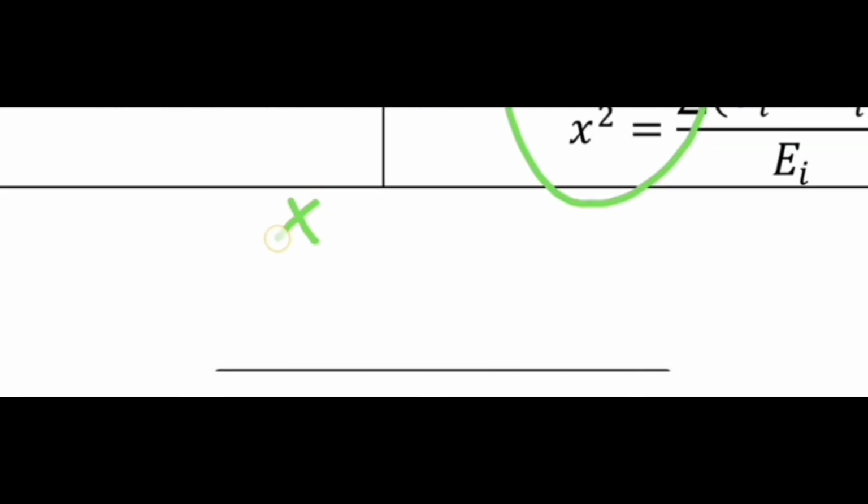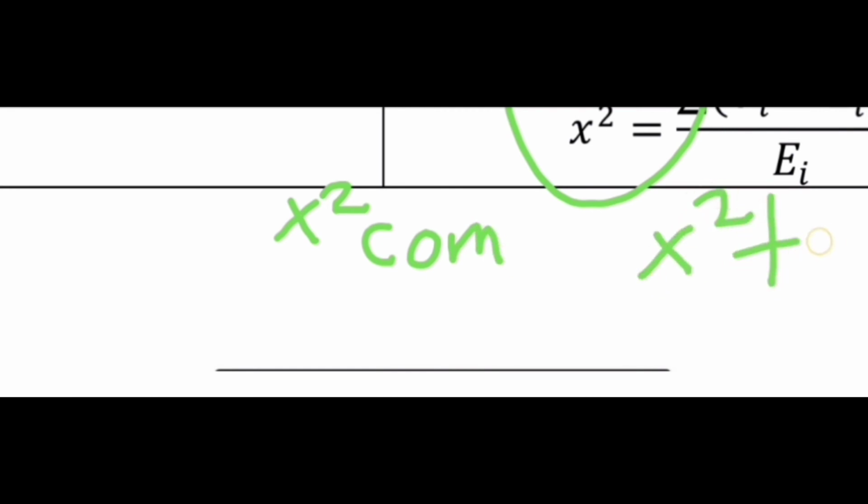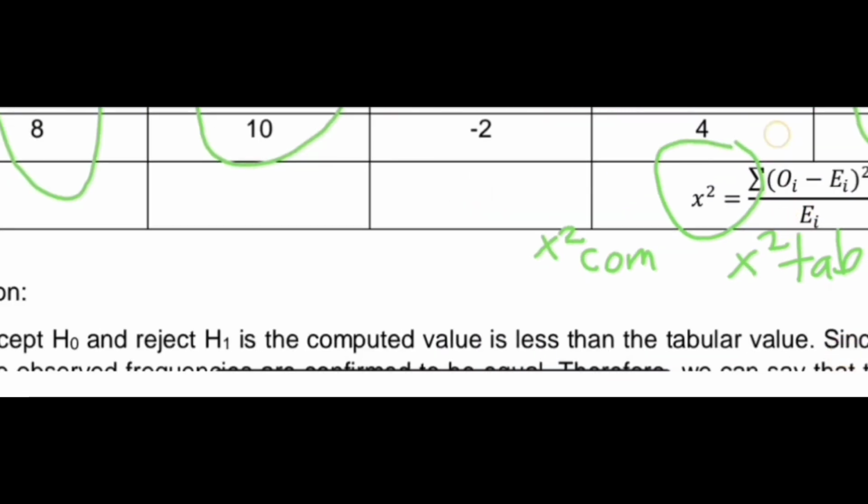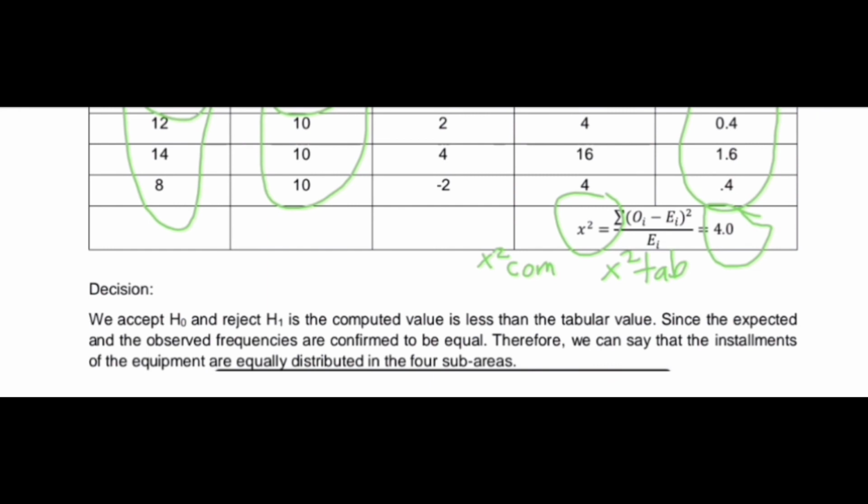Our x squared computed and x squared tabular. Our x squared computed will be 4.0.